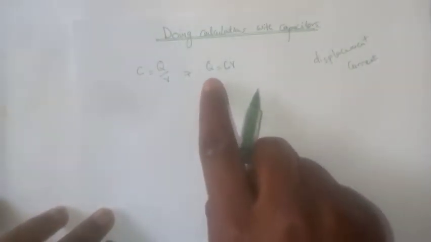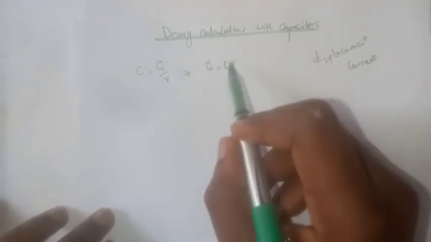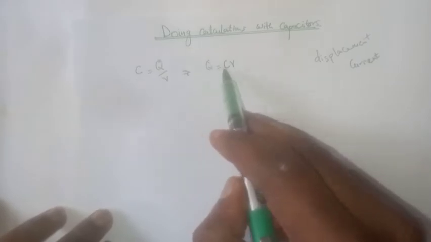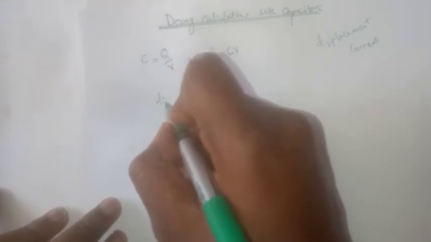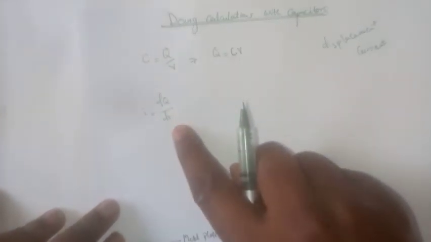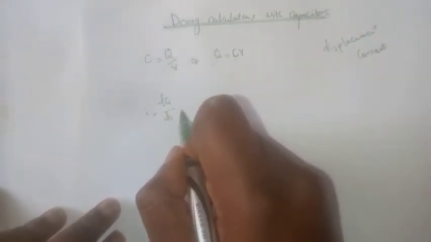Now, we need to be able to estimate the value of the displacement current. We can get it by differentiating both sides of this equation with respect to time. Since we know that dQ/dt is equal to current I, current is the rate of change of charge, the rate of flow of charge.